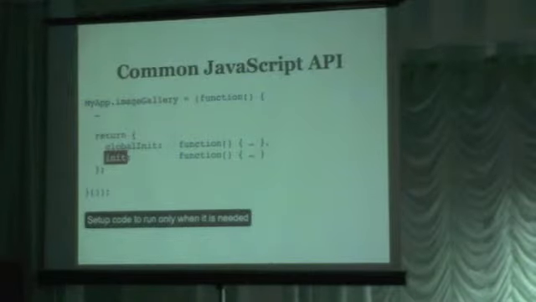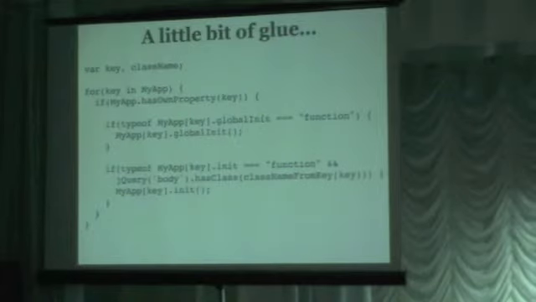And by when it's needed, I mean when that with JS image gallery class is present on the body. And then we have a little bit of glue, which just iterates over the features we've defined and only initializes the right ones. It's probably not worth going through this, but it's included in the slides so that if you want to have a look at it or do something like this later yourselves, then it's there for reference.